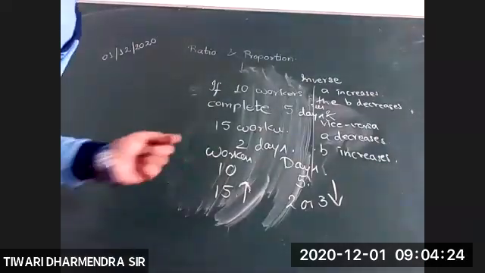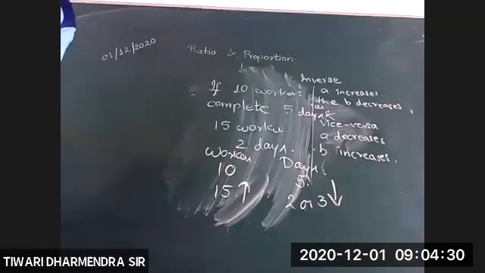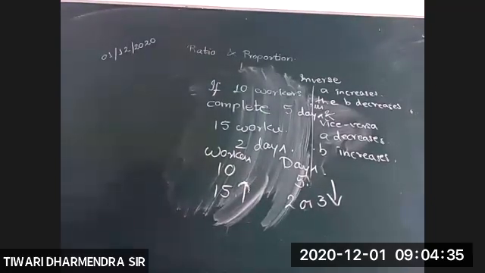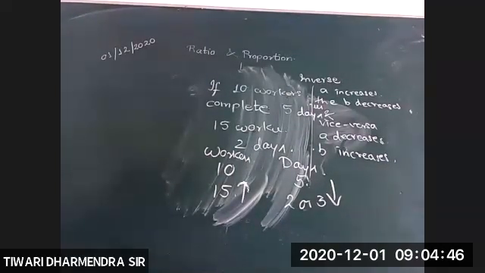So from here we understood that if workers increase, days decrease. This is an example of inverse proportion, which is like our day-to-day life example. So how important ratio and proportion are, and how we can apply this concept in our day-to-day life, we have understood from these examples.